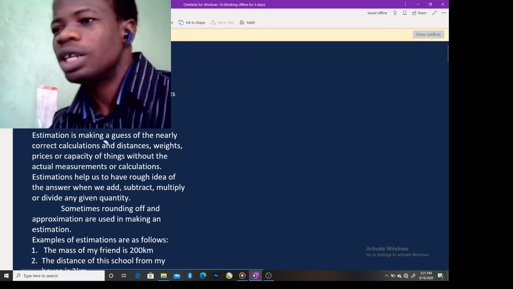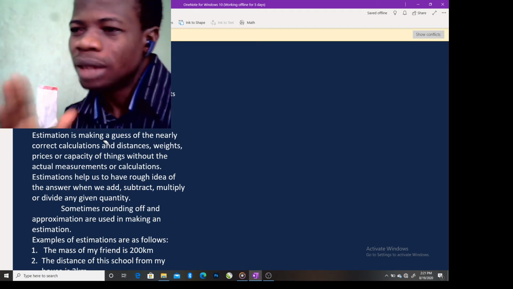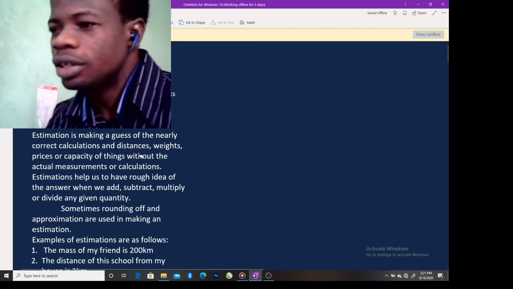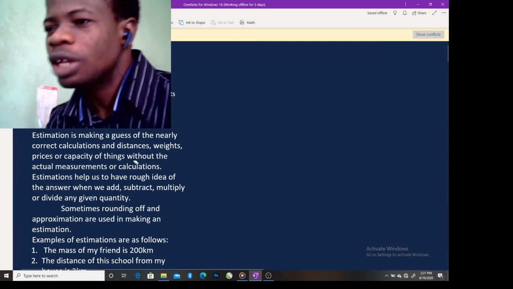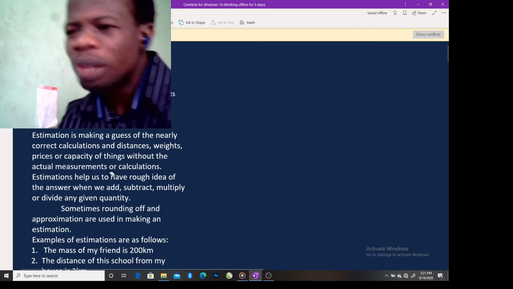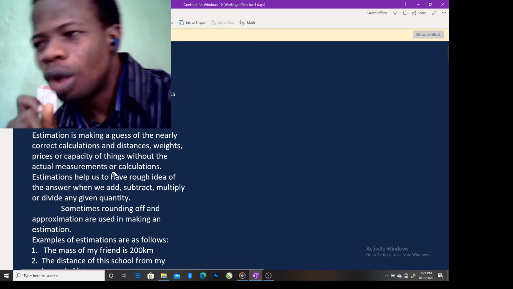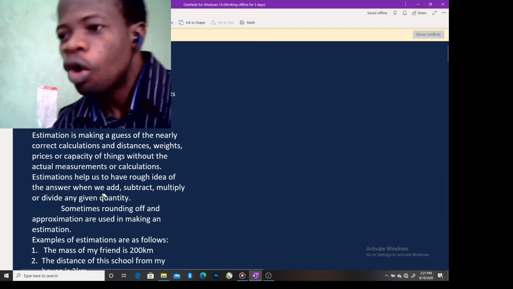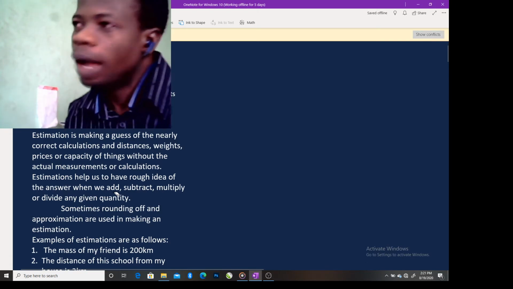What is estimation? It is making a guess of the nearly correct calculations, distances, weights, prices, or capacity of things without the actual measurement or calculations. Estimation helps us have a rough idea of the answer when we add, subtract, multiply, or divide.